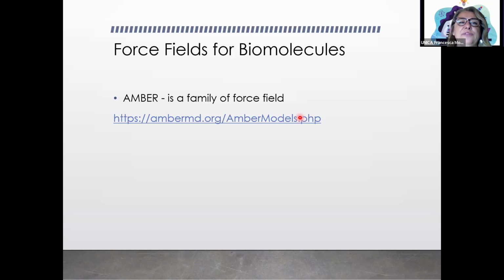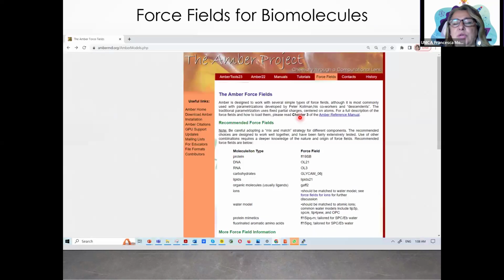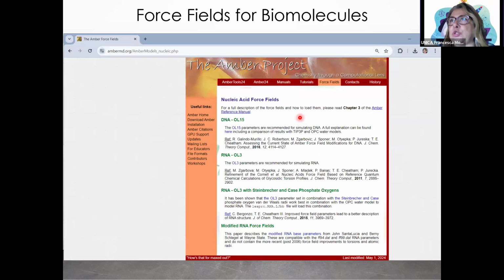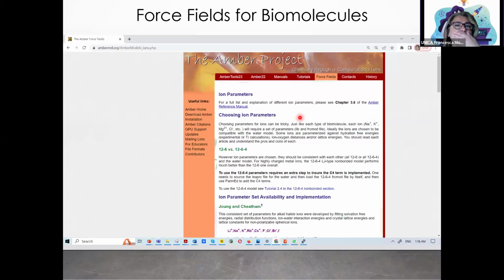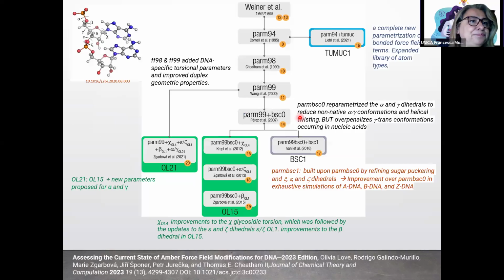I won't explain how the parameterization process works, because I want to describe very shortly, in the minutes that remain, the force fields for biomolecules that are mostly used. One is Amber, that I mentioned many times, and the software is now free to use. Unfortunately, you don't have a single Amber force field, because here is schematized the evolution of the Amber force field.